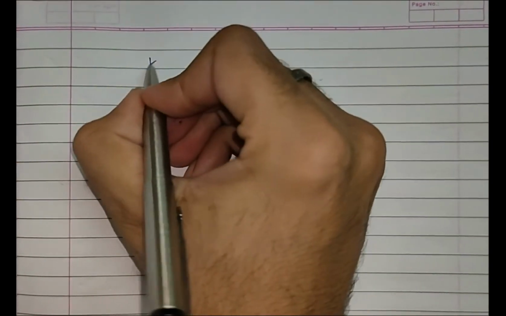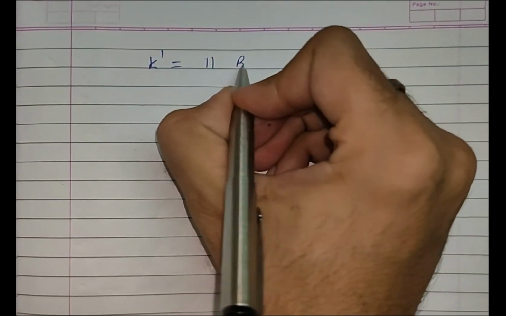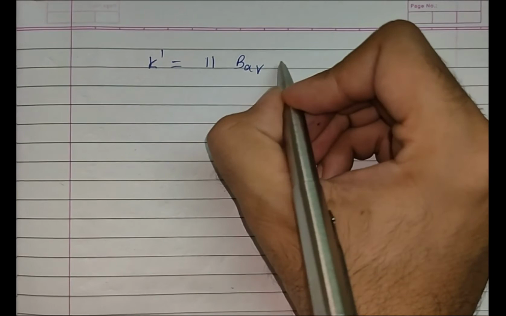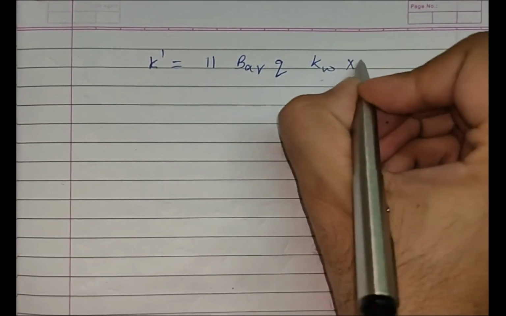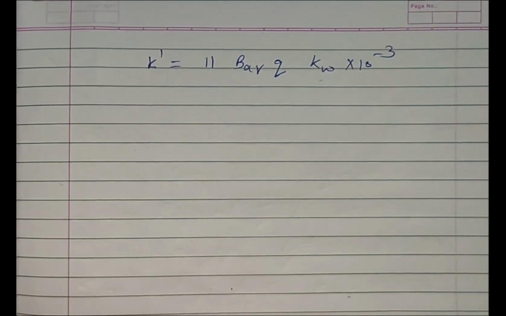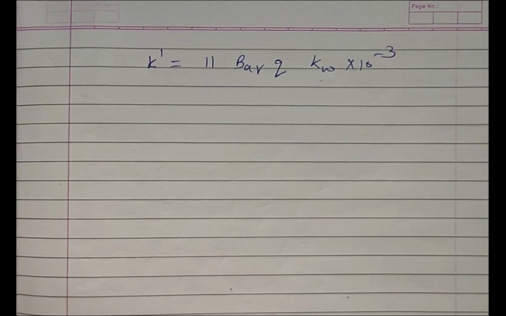As we know that the output coefficient K dash can be given as 11 into BAV into Q into KW into 10 raised to minus 3. Now we have been asked to calculate the specific loading constant.